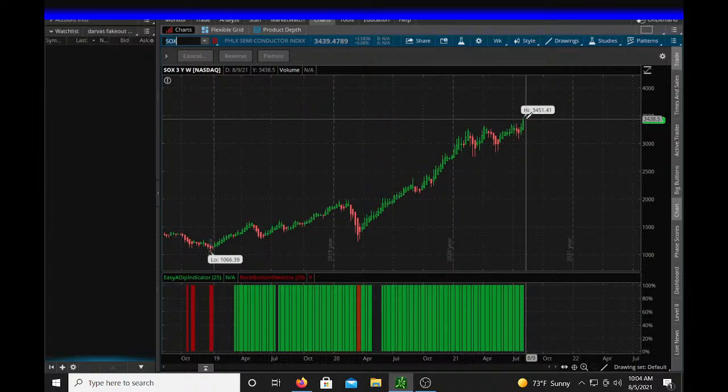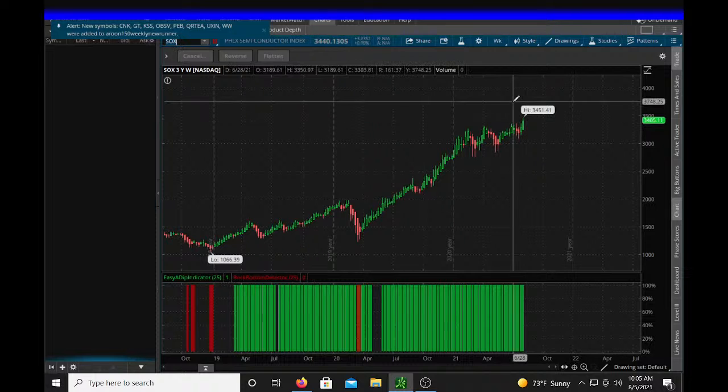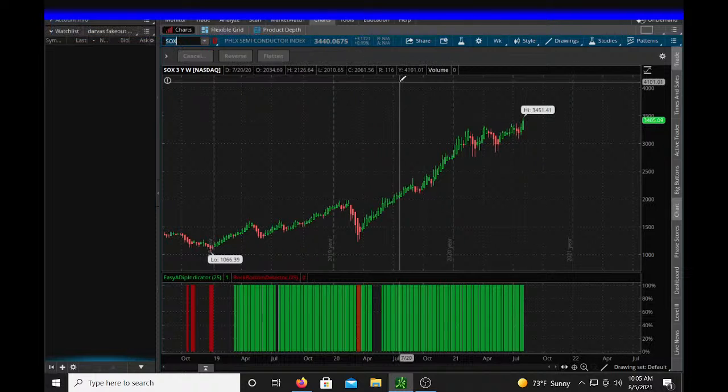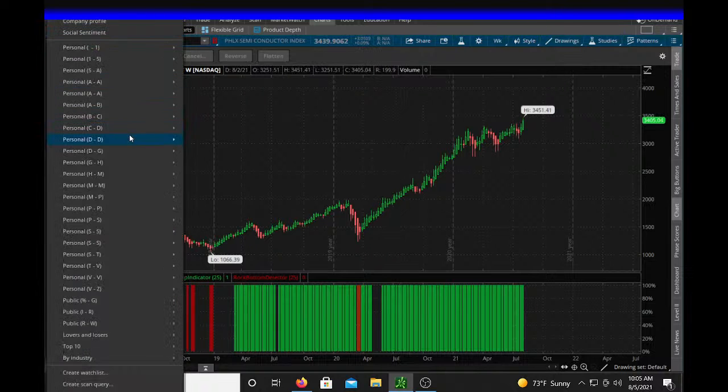You know, doubling and tripling returns. And no fake out breakout today.